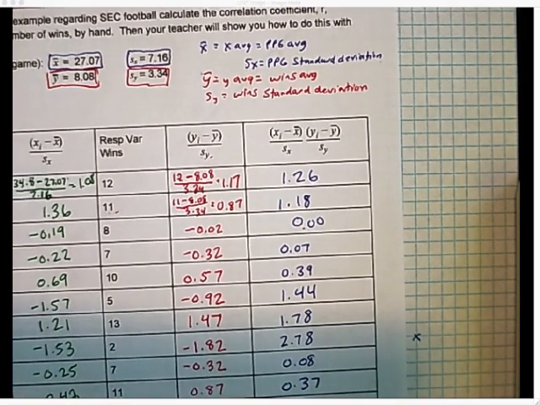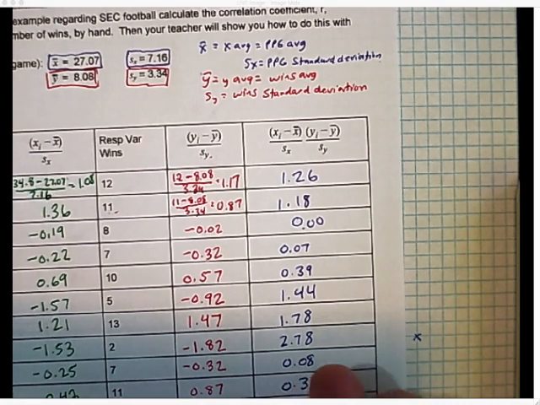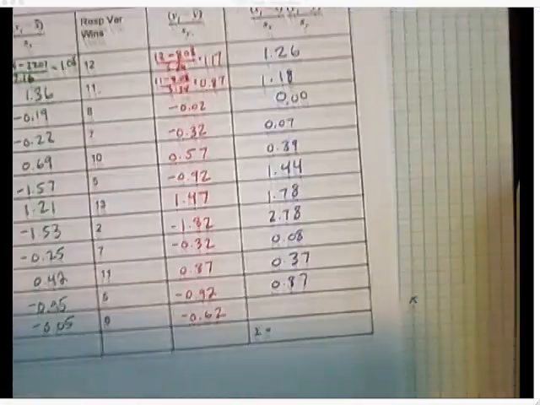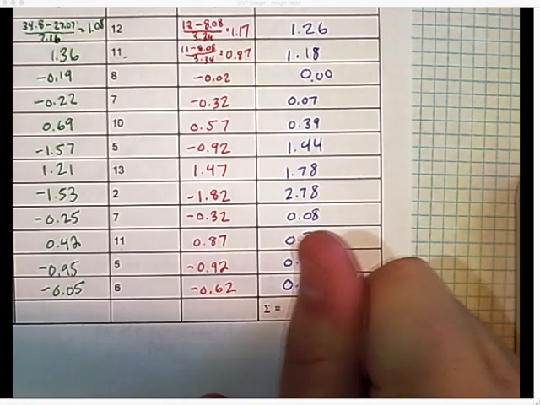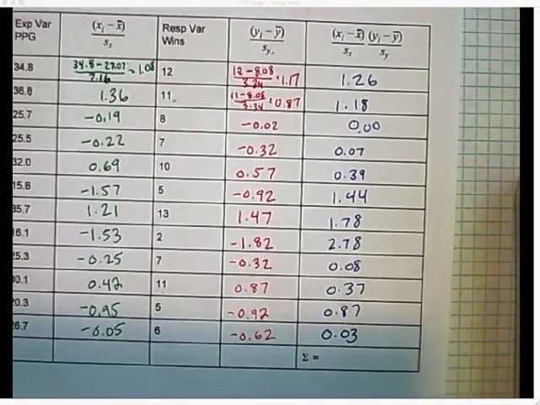Negative 0.95 times negative 0.92 is 0.87. Negative 0.05 times negative 0.62 is 0.03. Okay, so we've done that.